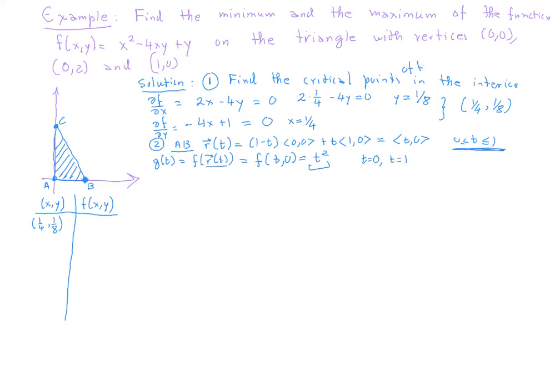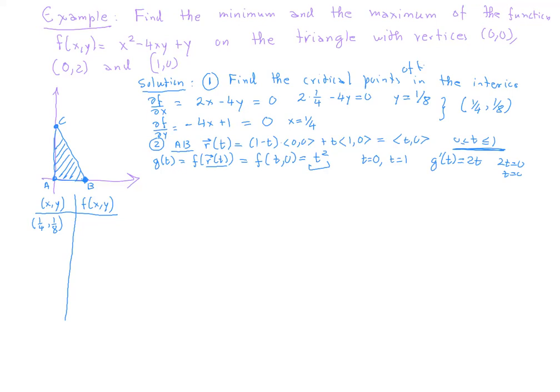And then for anything else, we need to take the derivative of the function, which is 2t. It won't give us much more, because if we set it equal to 0, we find t equals 0, which is already considered here. So it's the point t equals 0 and t equals 1 at which this function would have a minimum or a maximum.